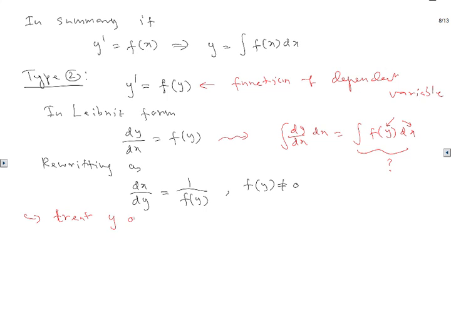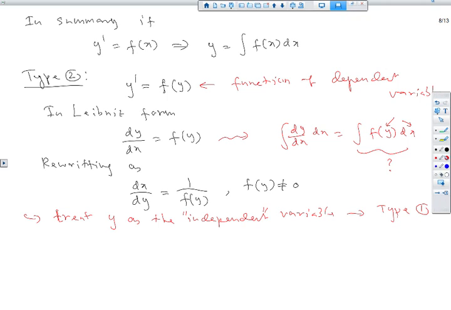So in this case, it simply becomes a type 1 problem, because now y is the independent variable, and the other side is just a function of the independent variable, so you can integrate. Now we can integrate with respect to y.